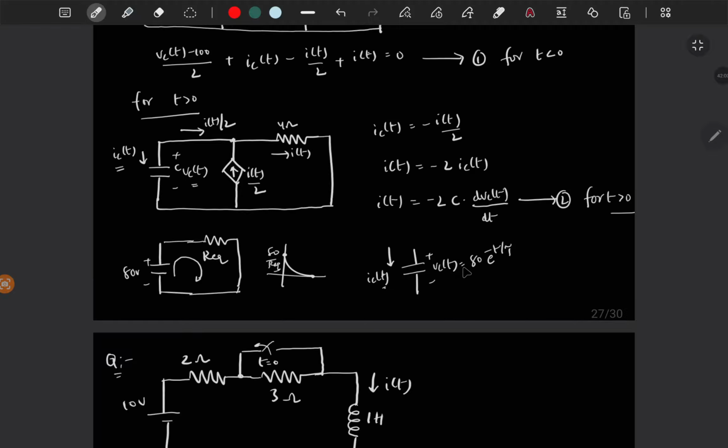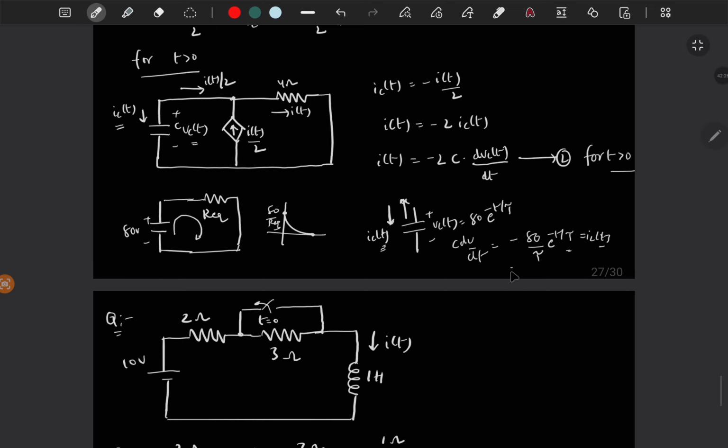So if you do c dv by dt, then you will get minus, right? Which is minus 80 by tau e power minus t by tau, which is negative. So it means this is nothing but IC of t. So IC of t is negative, which means the current is flowing in this direction. So this is positive.